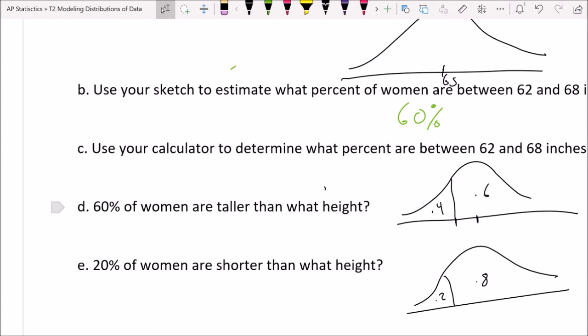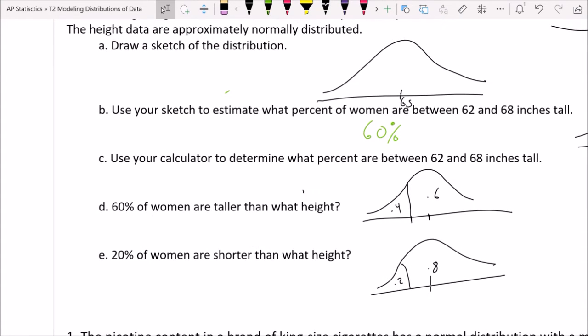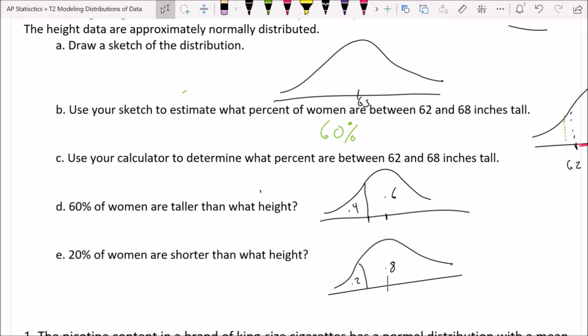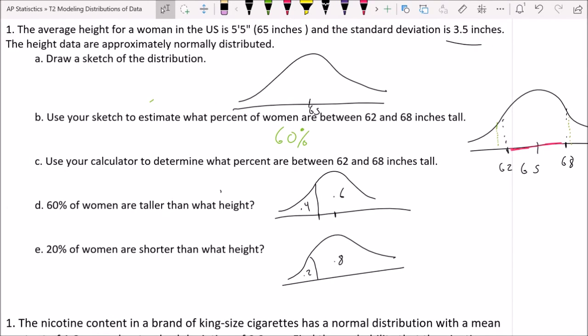So one thing that I hope you see already is that part C and part B, those are exactly what we did in the previous lesson. But parts D and E are different. So what do I mean by that? For parts B and C, the input is the bounds, and the output is, I'm going to call it, a probability or a proportion.